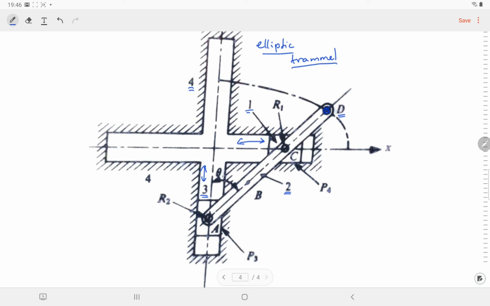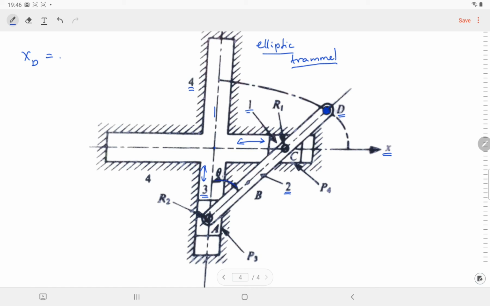Okay, so how can we say that that particular point traces an ellipse? Let's see. So let's say this is our origin of the coordinate system, in which this line is the x-axis and this line is the y-axis. Okay, in that case, what is the point? So let's see, what is xD? xD is AD into sine theta. So this is the theta.